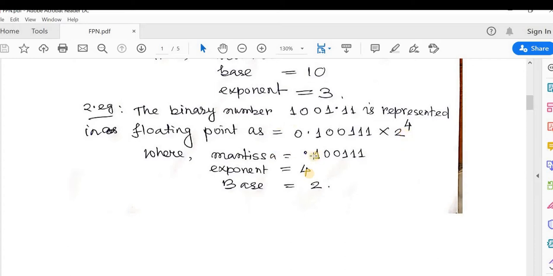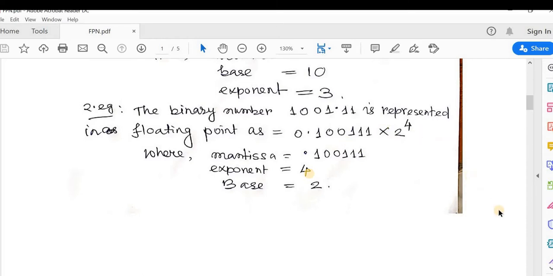So here this is the mantissa, the exponent is 4, and in this case the radix or base is 2. So in this format floating point numbers are written.